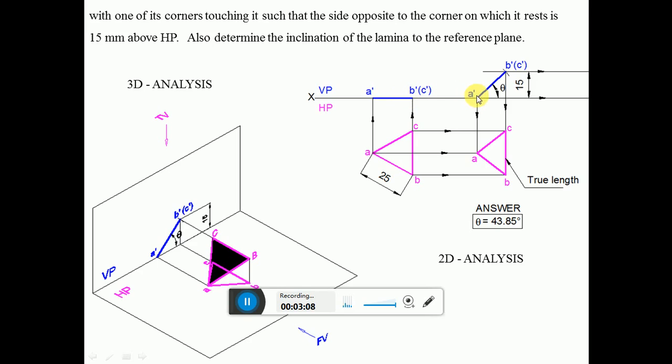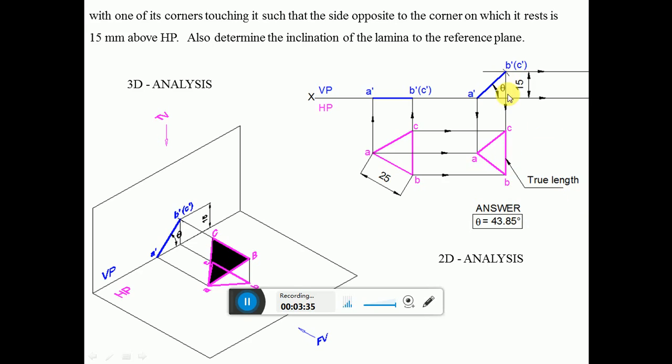From A dash you cut an arc on this to get this point, and you draw this line. Then draw a vertical projector from A dash and a horizontal projector from A to get point A. Draw vertical projectors from B dash and C dash and horizontal projectors from B and C to get points B and C. Join ABC, it's a triangle. B dash C dash is parallel to HP, so I am getting the true length here.